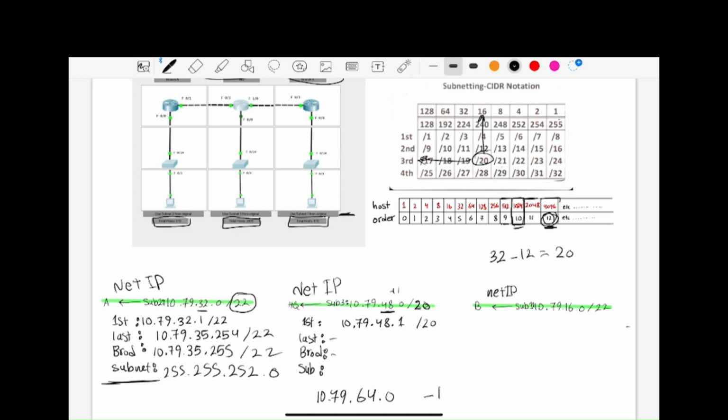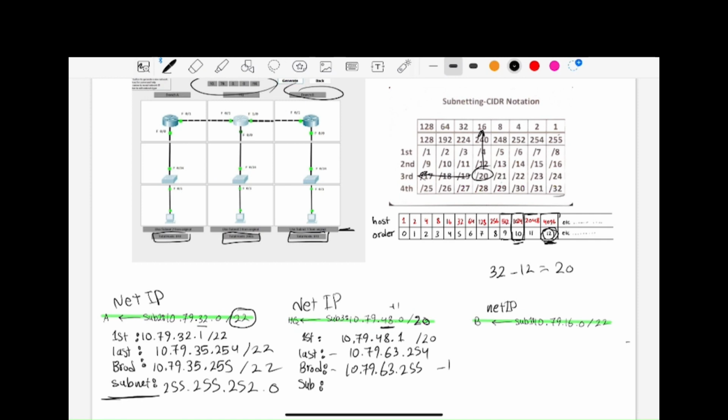Subtracting 1 will give us 10.79.63.255. Subtracting 1 will give us our last usable IP, which is 254. We delete this, we don't want it anymore.